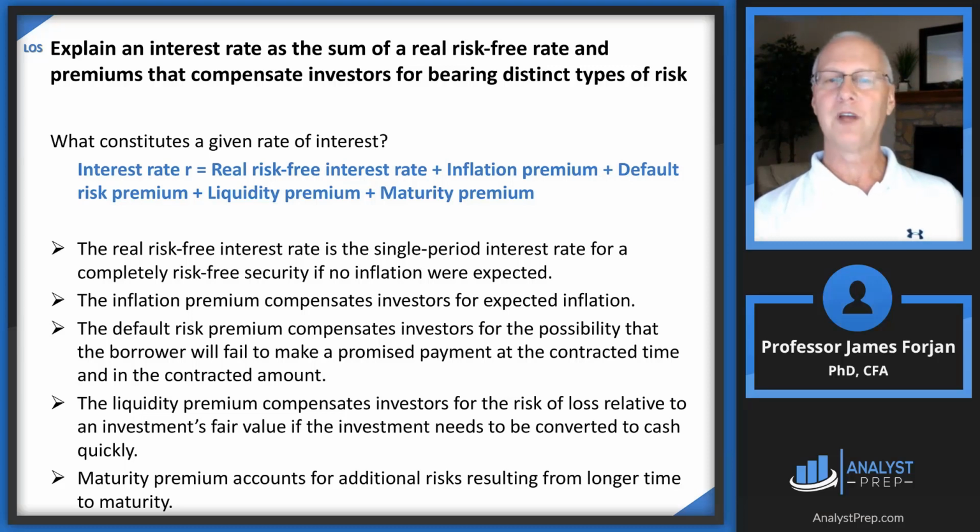But if one of my sons came to you as an early teenager and said, can I borrow $100? You're going to say, now wait a minute, you're 14 or 15 years old. How are you going to repay me? I'm going to charge you something more than I would charge your father. Default risk premium compensates investors for the possibility that the borrower will fail to make those payments.